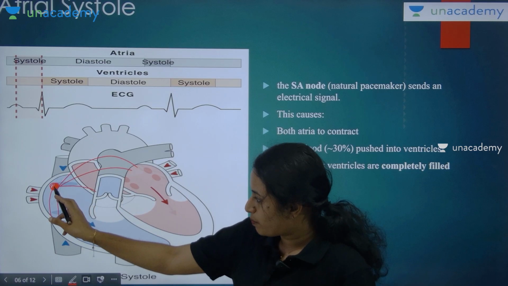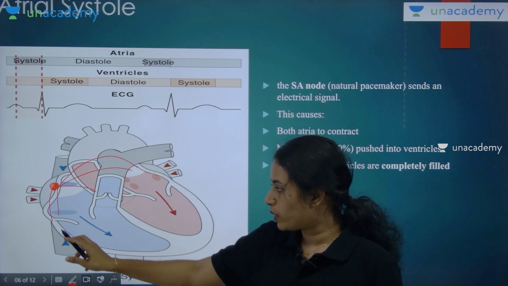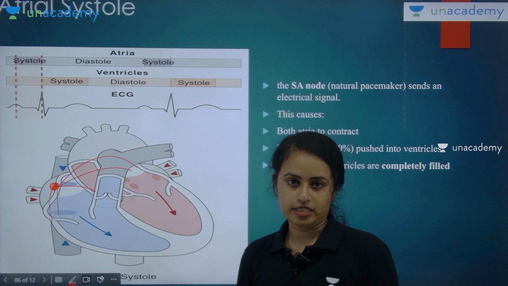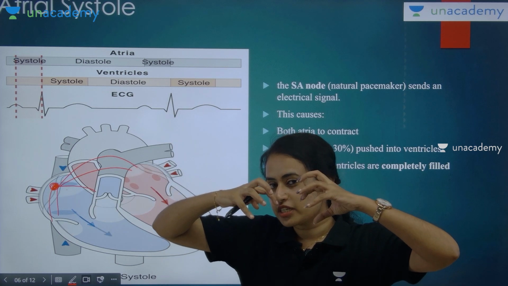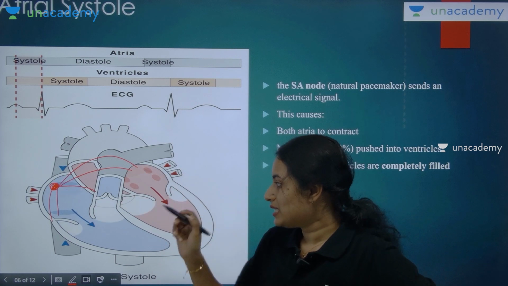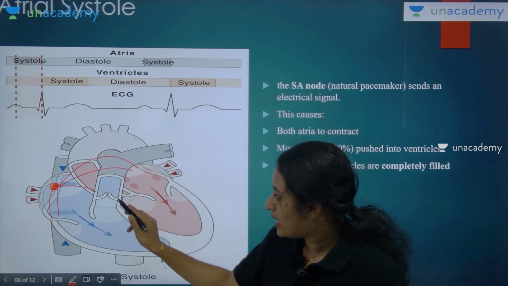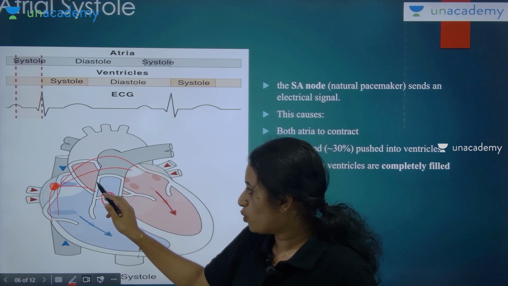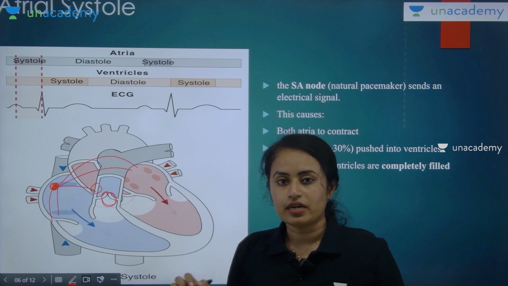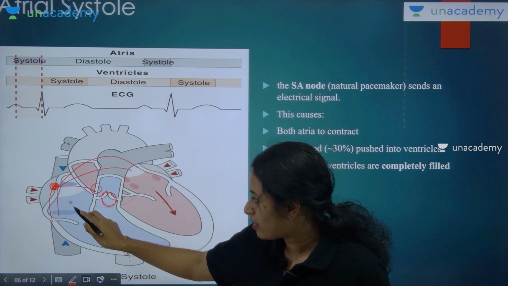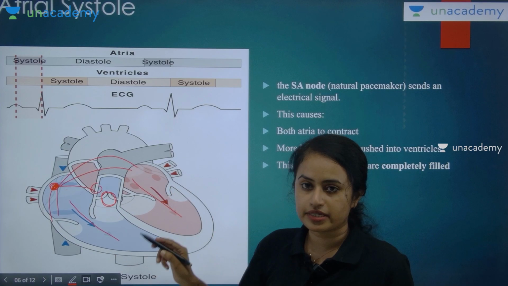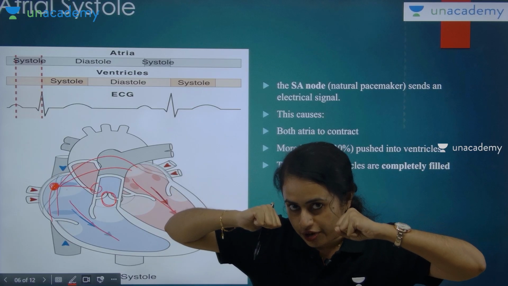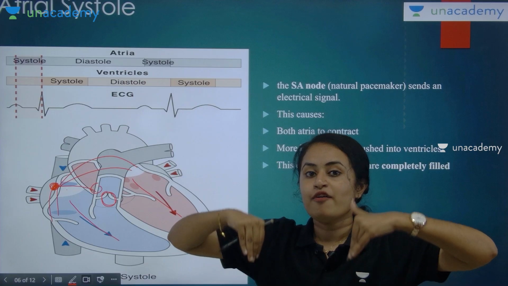What happens? Both atria start contracting. At the same time, the semilunar valves undergo closure, and the blood which is present inside the atria is pushed on to the ventricles.